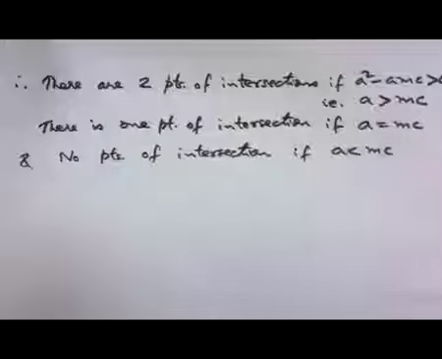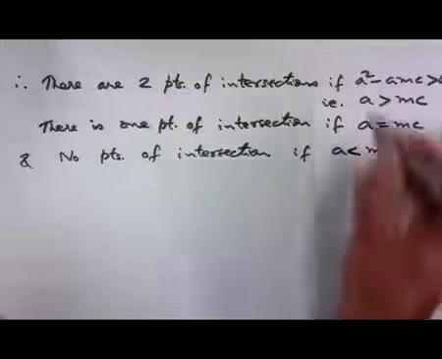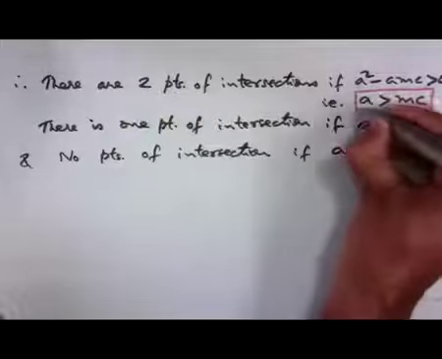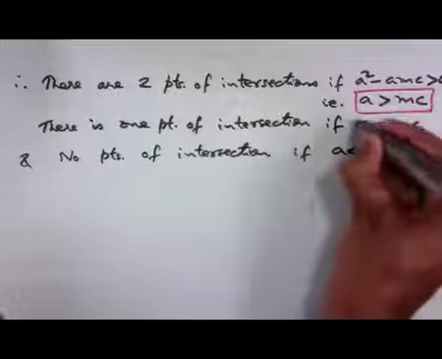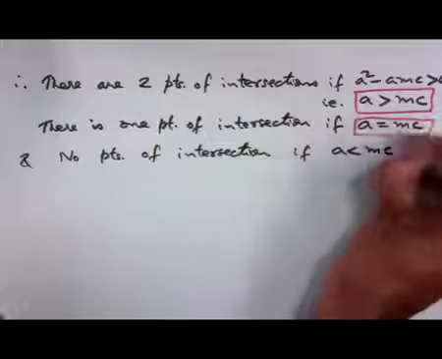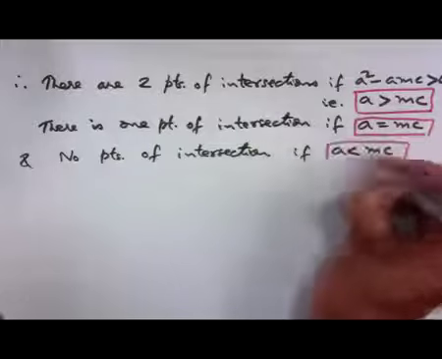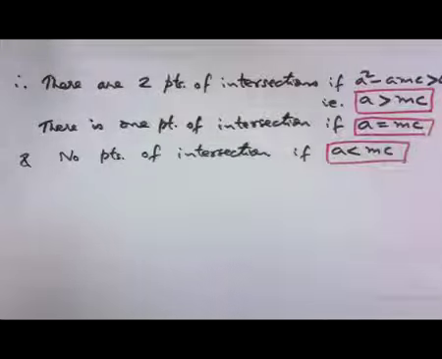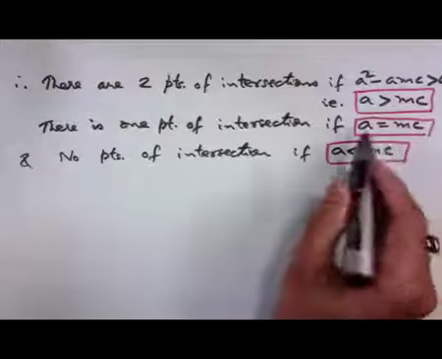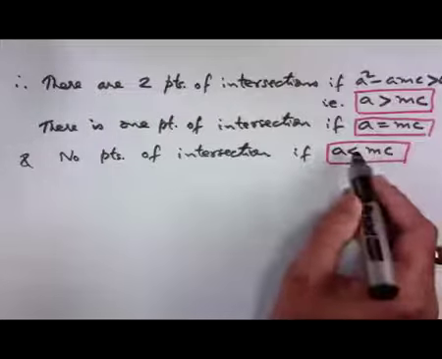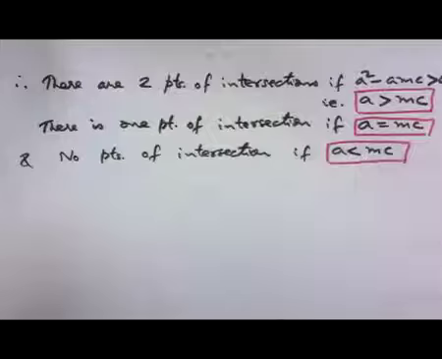So, these are the conditions. If a is greater than m c, then we get two values of x. So, we get 2 points of intersection. If a is equal to m c, then we get only one point of intersection, and the line is tangent to the parabola, and if a is less than m c, then there is no point of intersection.